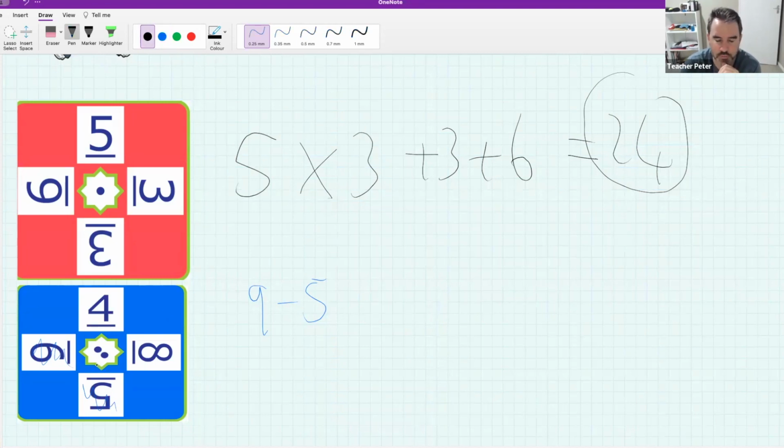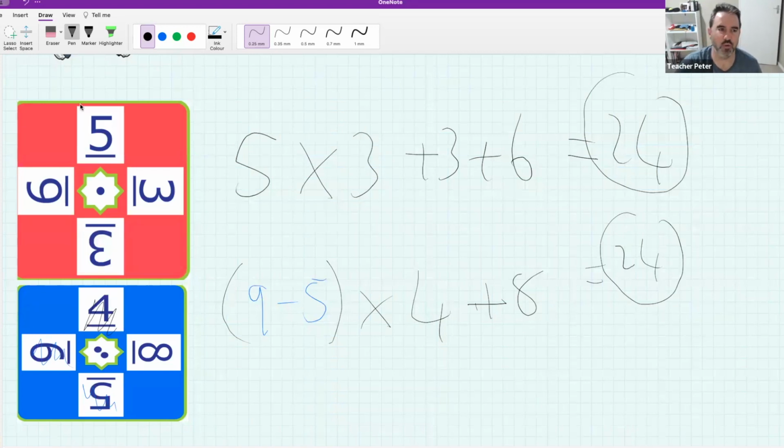So if 9 minus 5 is 4, how would that help you get to 24? So that's 4. And then you go times 4, which is 16, plus 8 is 24.